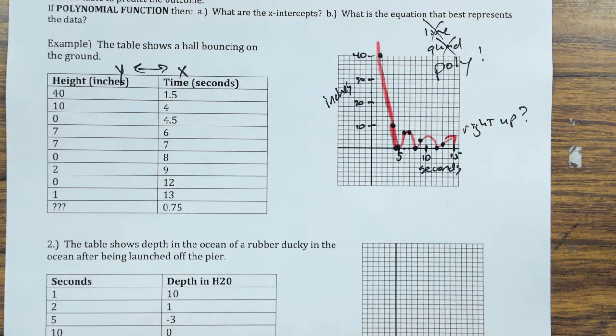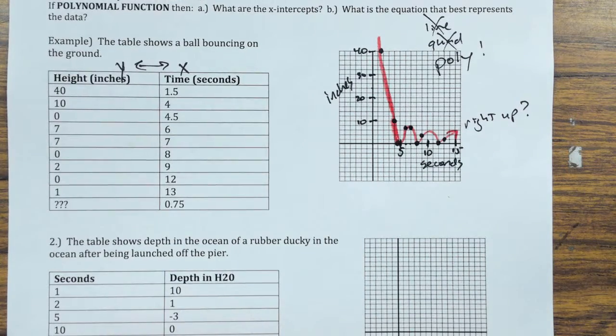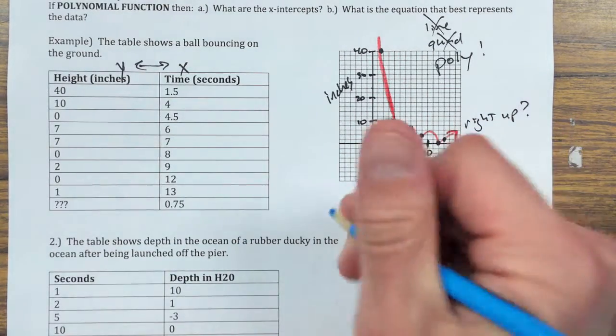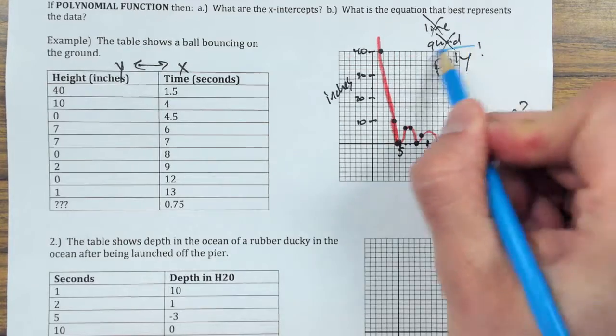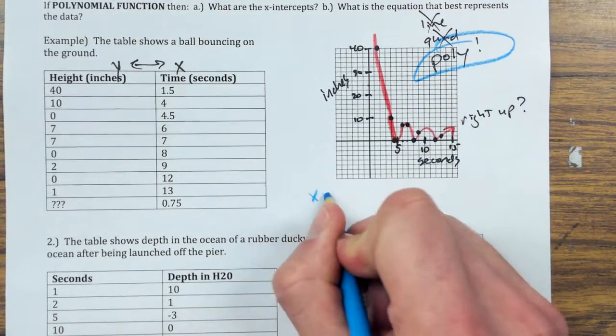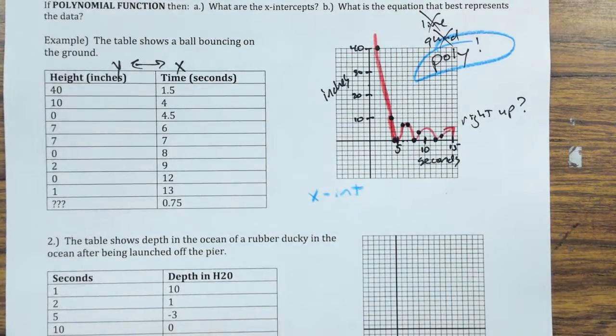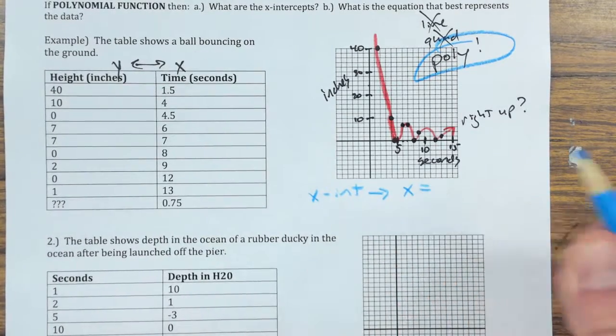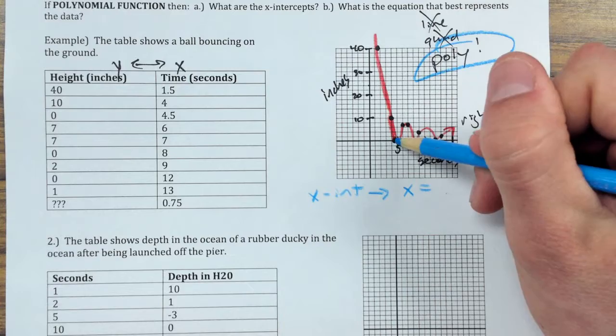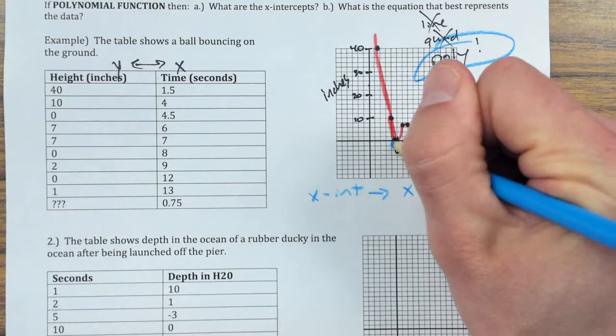The most important thing about polynomials has always been the x-intercepts. Where does it touch the x-axis? Polynomials love the x-intercept.